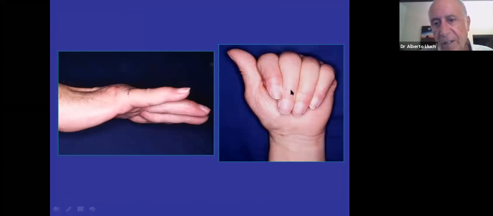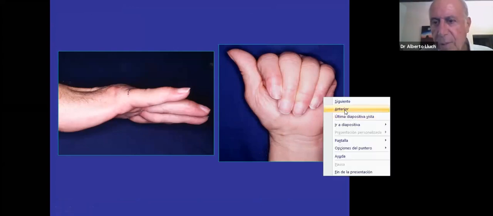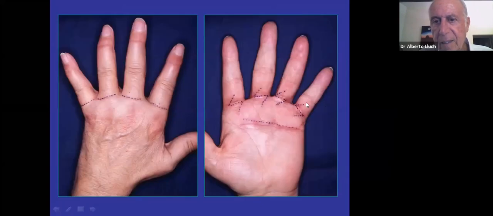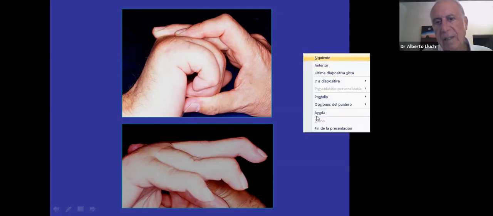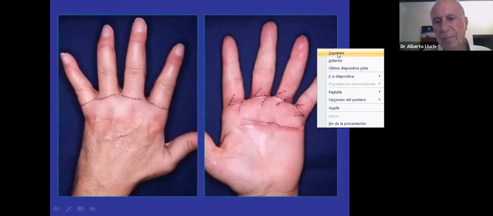Also, I did a fusion of the DIP joints. If you remember, there was a very severe, well, let me see if I can go back. It was a very severe mallet finger. If you don't correct this, you will get a swan neck deformity again. So you should correct the mallet finger as well.